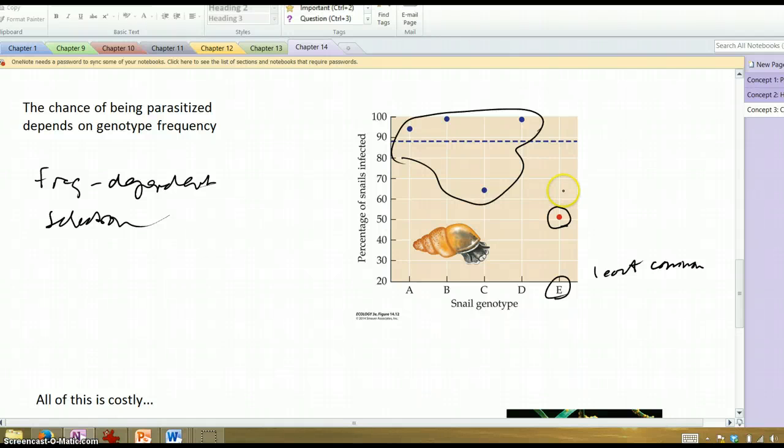Now, you would think over time that because these guys are being hit hard by the pathogen and this guy is not, these guys should become less frequent and this guy becomes more frequent. And that's indeed the case. That can happen, in which case what you would expect is that this one would then have higher parasite loads as it increases in frequency, and these would have less. And so the situation can wax and wane, where at any given time, what's less common will tend not to be parasitized as much, but it might become more common later and be more highly parasitized.